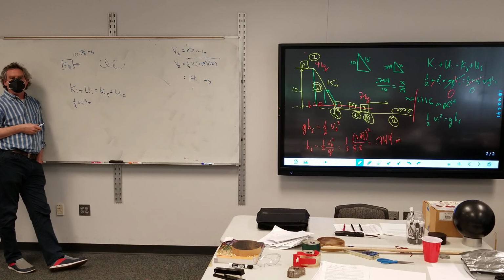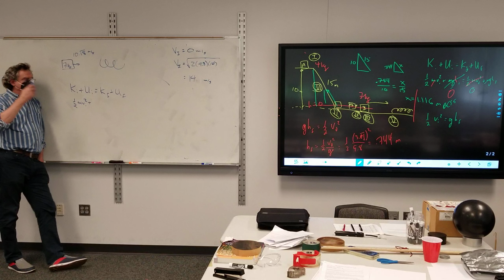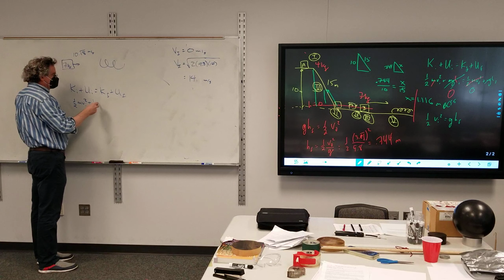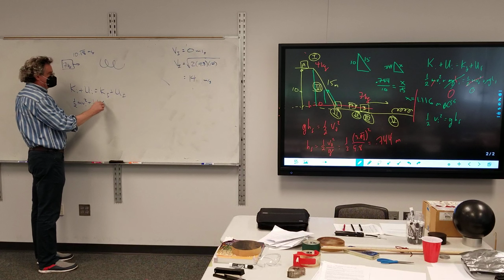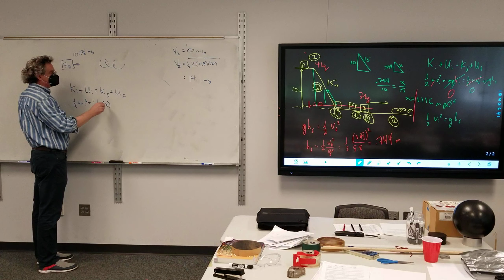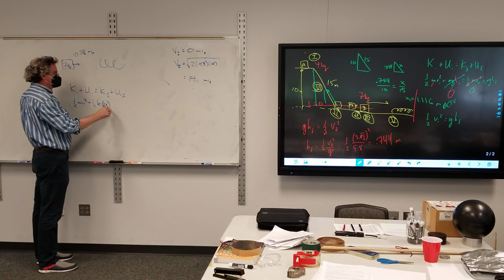Some people notice a similarity between that and the formula for kinetic energy. Is it 1/2 k delta x squared? That's the one. k is the spring constant, a lowercase k. Delta x is how much the spring is displaced from equilibrium.